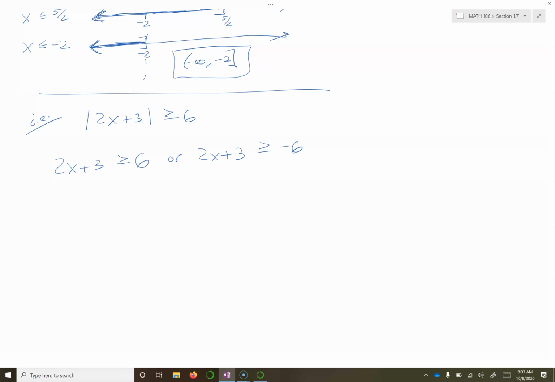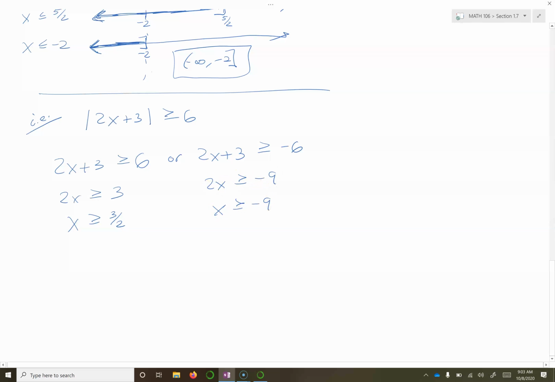All right, solve these inequalities. 2x greater than or equal to 3, so x is greater than or equal to 3 halves. And then 2x greater than or equal to negative 9, so x is greater than or equal to negative 9.